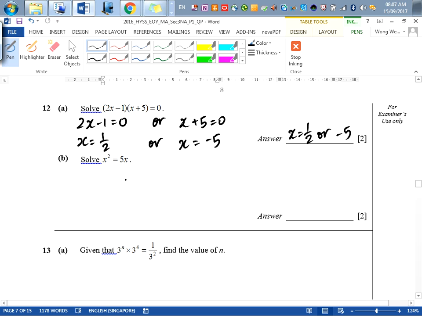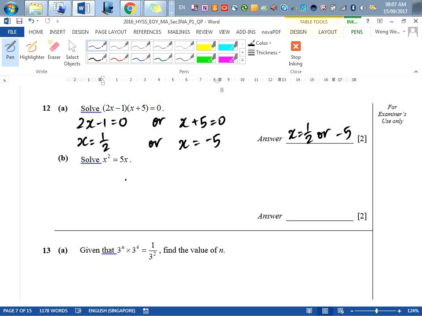How many ways to solve a quadratic equation do you know? 3, 4. Now we know 4 already because we have graph also. So we have completing the square, factorization, the quadratic formula, and we can use a graph. So which one do you think is the best approach for this particular question?